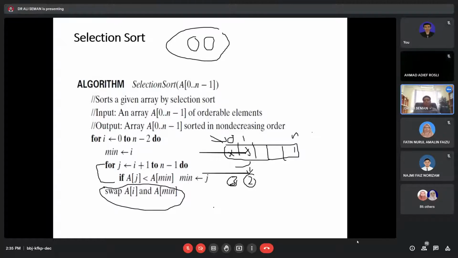The main idea is also based on comparison, which is pairwise comparison: index 0 and 1, 1 and 2, 2 and 3, and so on, to find the minimum. Finally, when we get the minimum, we finish that loop and swap. That is the idea of selection sort.